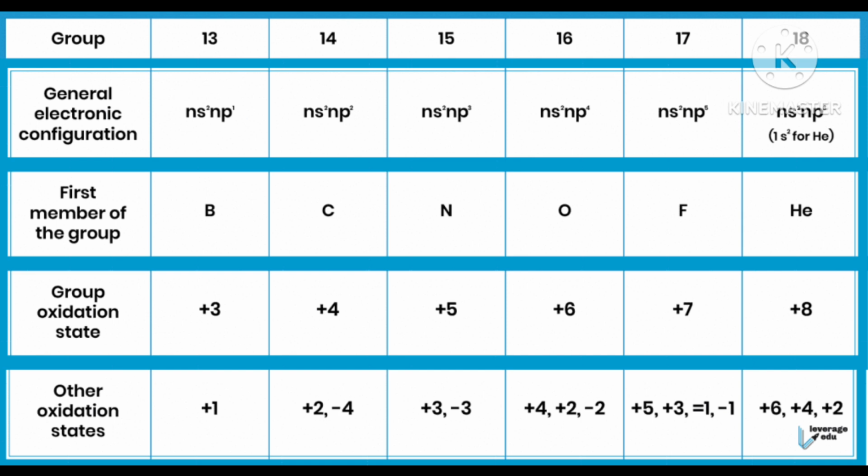Three types are possible: p pi p pi, d pi p pi, and d pi d pi.